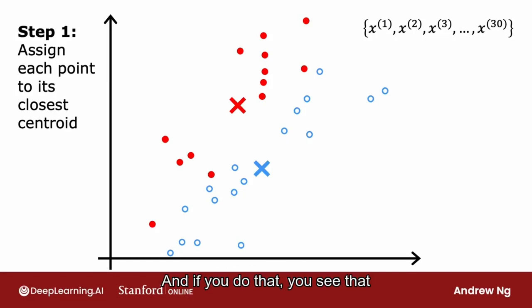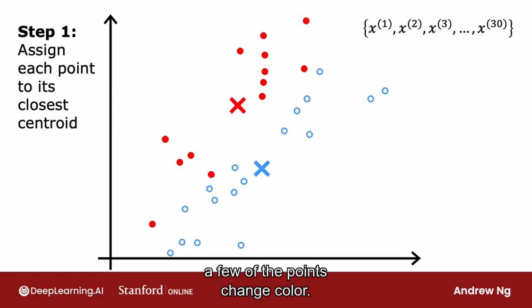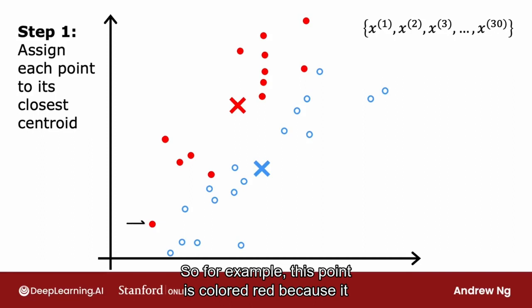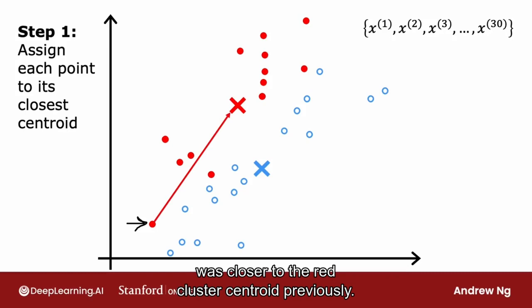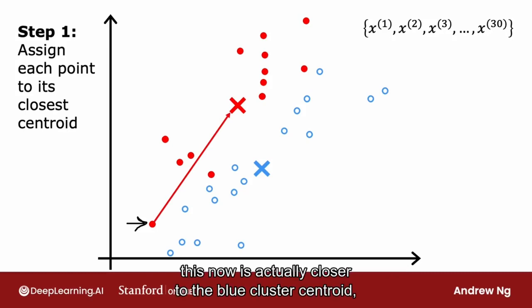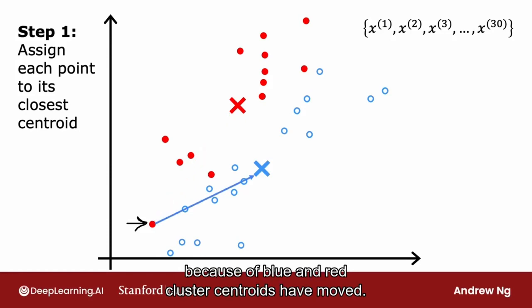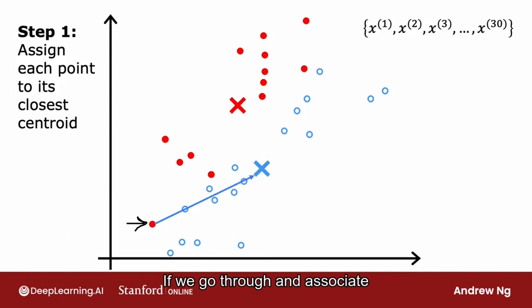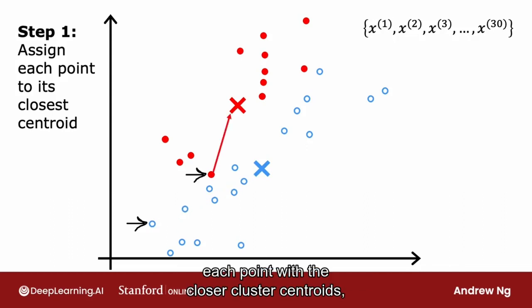And if you do that, you see that a few of the points change color. So for example, this point is colored red because it was closer to the red cluster centroid previously. But if we now look again, it's actually closer to the blue cluster centroid because the blue and red cluster centroids have moved. So if we go through and associate each point with the closer cluster centroid, you end up with this.